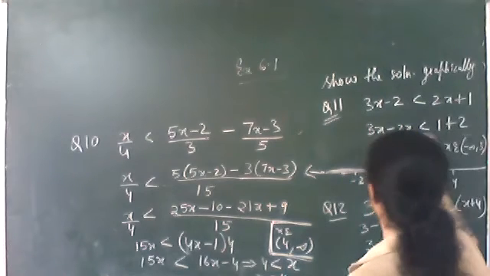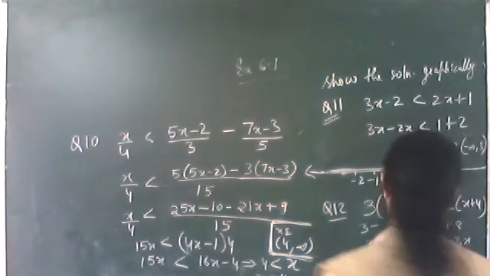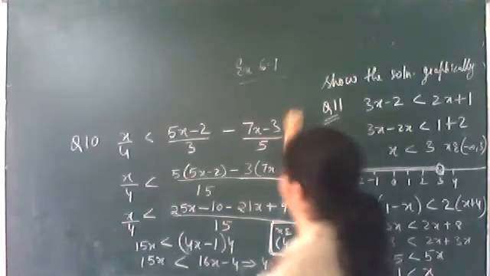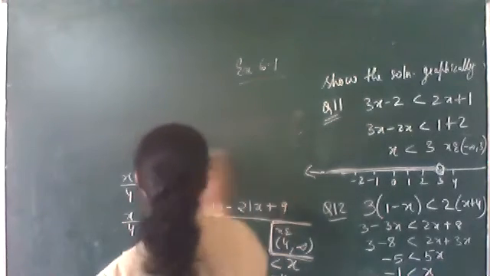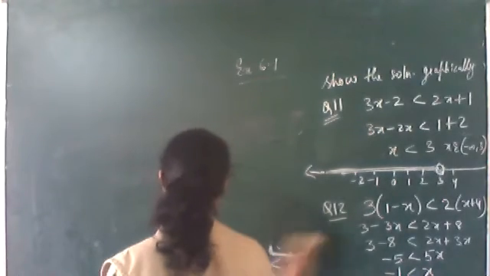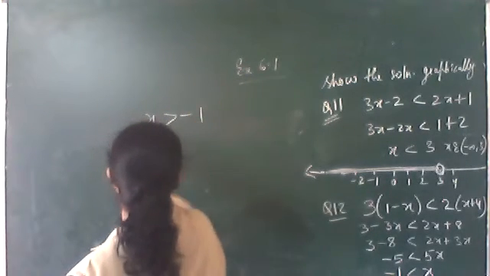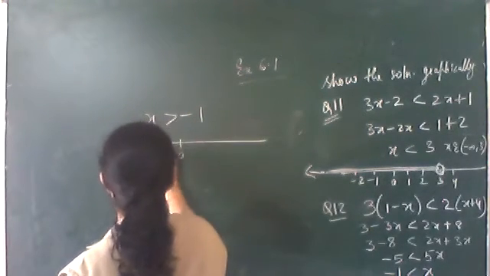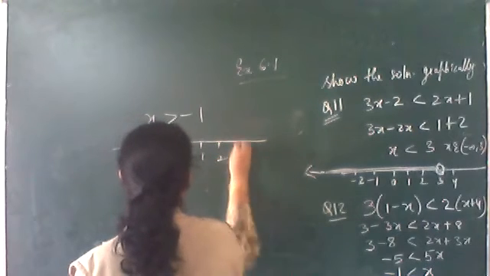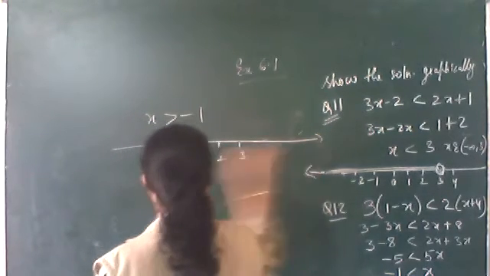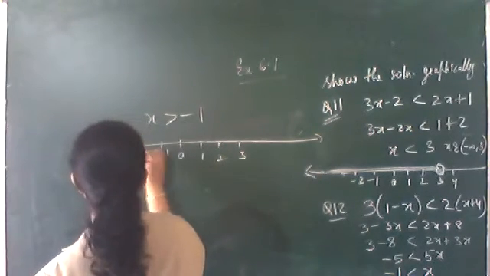So how can you show x is greater than minus 1? Let me show you this side. What we have got is x is greater than minus 1. So we show 0, minus 1, 1, 2, 3, and so on, minus 2 and so on.